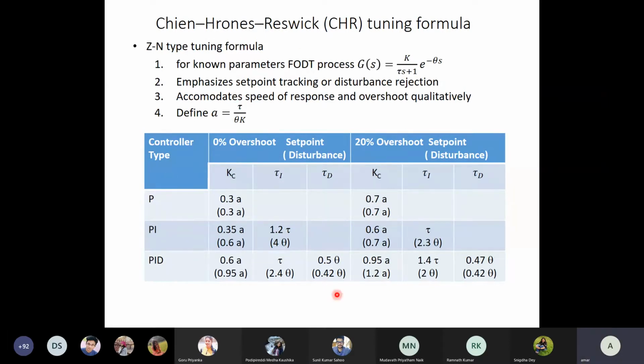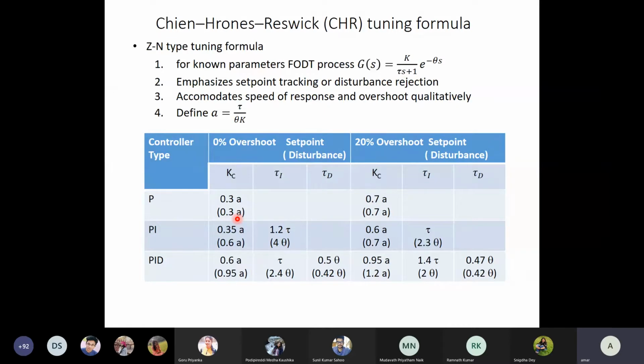You can see this is for 0% overshoot and 20% overshoot. The first one is for set point tracking, and the formulas given within brackets are for disturbance rejection. So the CHR gives formulas for both set point tracking and disturbance rejection with 0% overshoot and 20% overshoot.